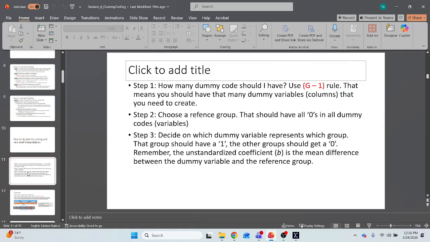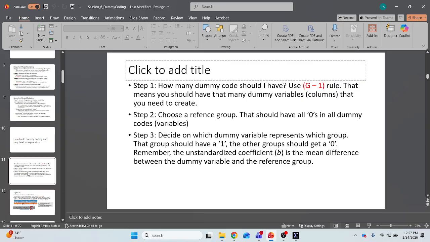Right? If I have a group, 1 is for low SES, 2 is for middle class, and 3 is for upper class, how many dummy variables should I have? 2 variables. So we will be creating 2 variables.